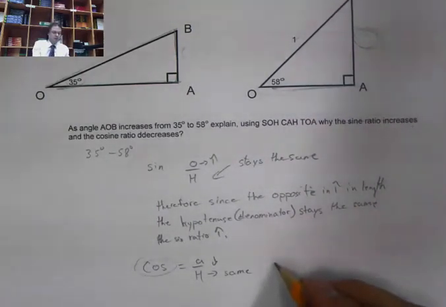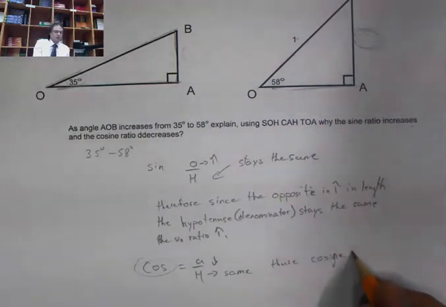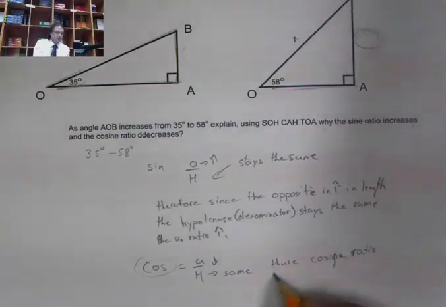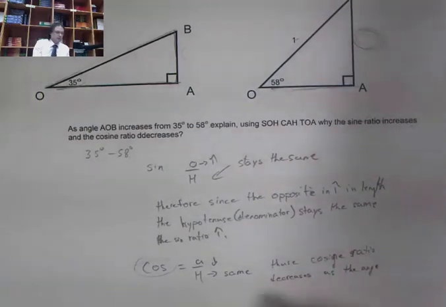Thus, cosine decreases. My cosine ratio decreases as the angle increases.